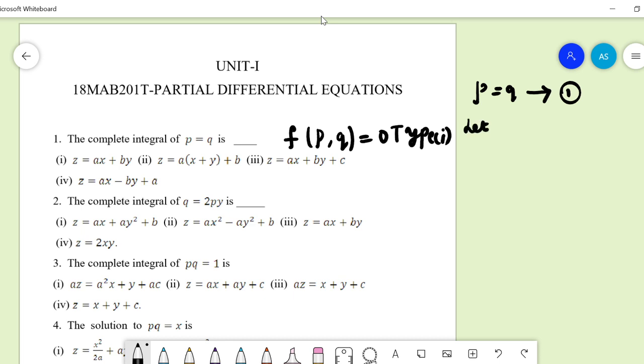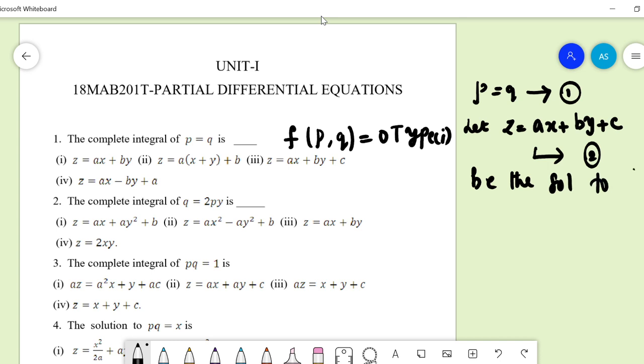So let z equals ax plus by plus c. The procedure for solving a type 1 equation is that z equals ax plus by plus c be the solution to equation 1.